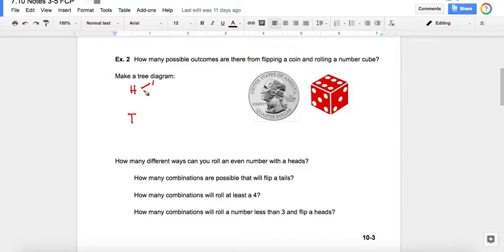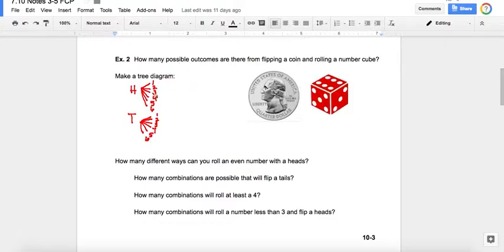We have 1, 2, 3, 4, 5, and 6. And then when we get a tails, we can also get 1, 2, 3, 4, 5, and 6.